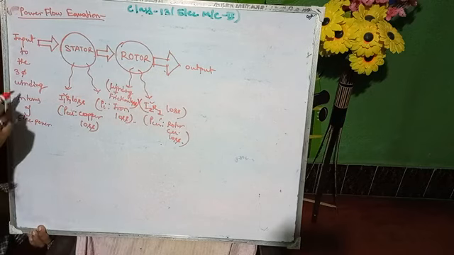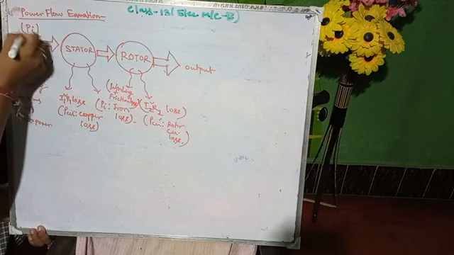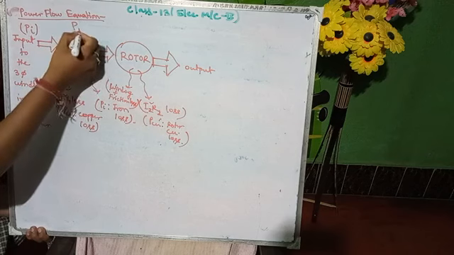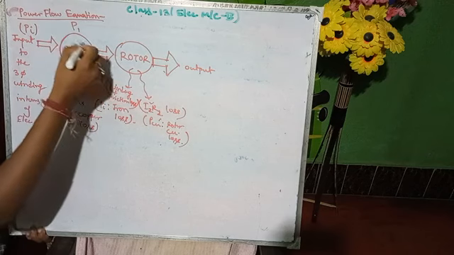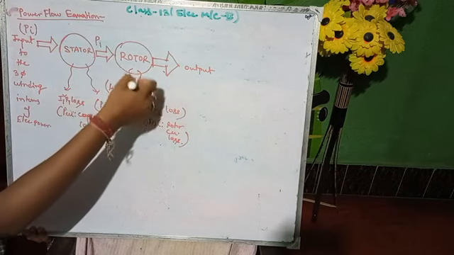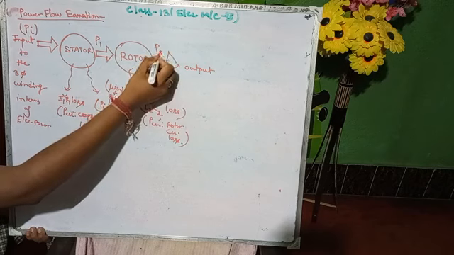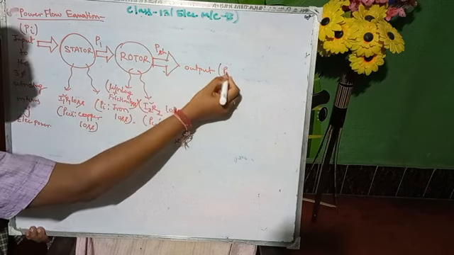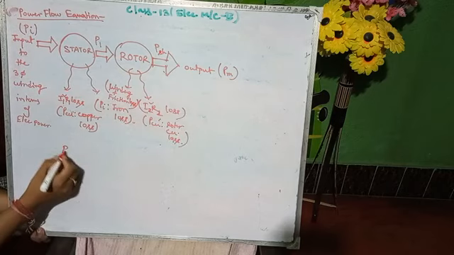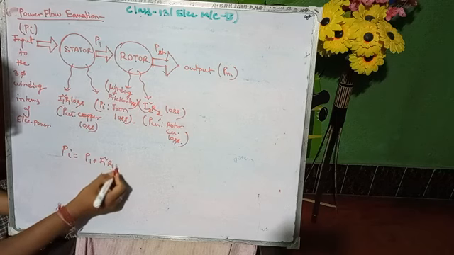So the power coming into the input, let us consider PI, the input power, and after the stator the output will be P1, suppose. After the rotor it will be the shaft power PSH, or finally PM, the mechanical output. Actually PI equals P1 plus I1 square R1 plus PI.